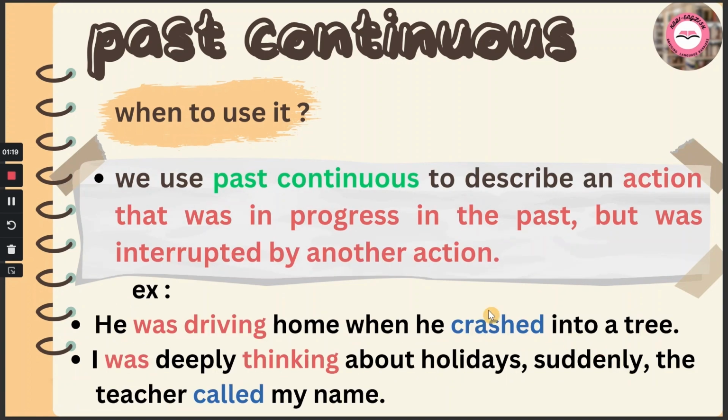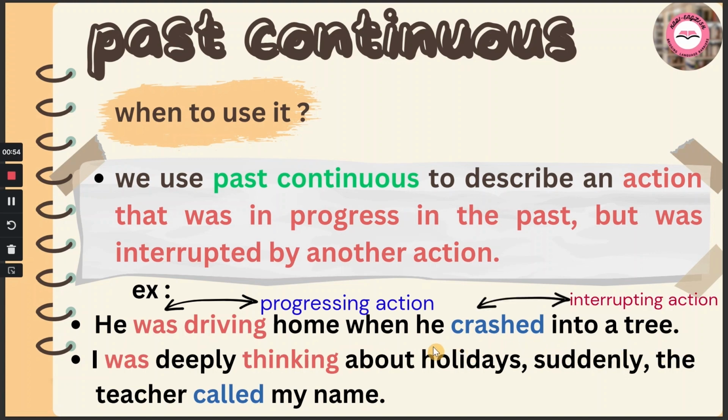The second usage is to describe an action that was in progress in the past but was interrupted by another action. Let's take an example to make it clear. He was driving home when he crashed into a tree. So the action of driving was in progress. He was driving home. But this action was interrupted by another: when he crashed into a tree.